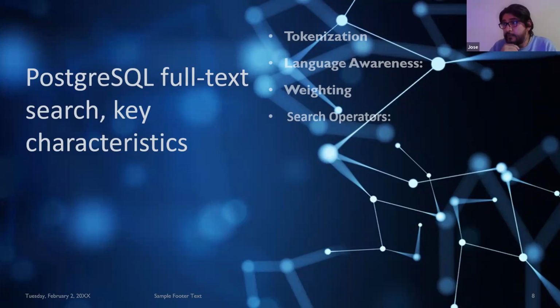Also, some really nice thing about language awareness is that you're not looking to match a specific part of sentences. For example, in Spanish, articles are male or female depending on the word.